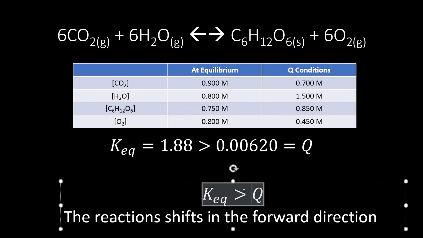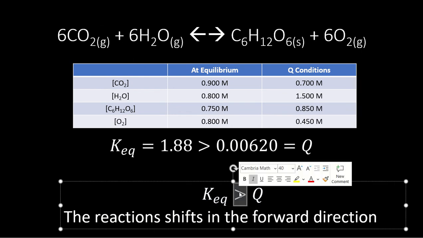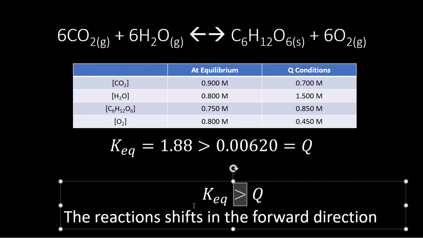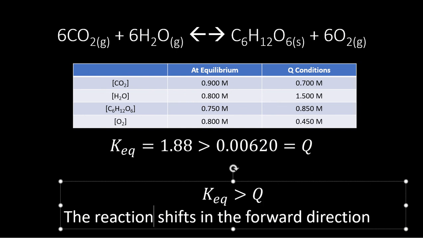If we had the situation where KEQ was less than our reaction quotient, we would say the reaction shifts in the reverse direction, or the backwards direction.